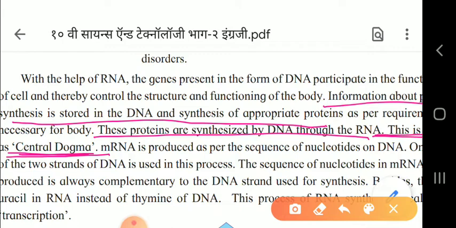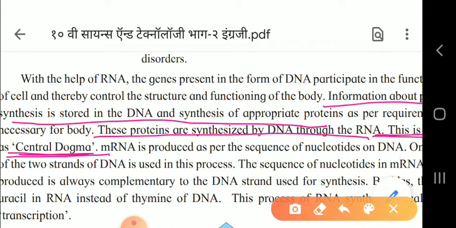Messenger RNA is produced as per the sequence of nucleotides on the DNA. You might have studied that DNA has a two-stranded spiral ladder shape, and in between the strands are the nucleotides. Now the sequence of nucleotides in the messenger RNA being produced is always complementary to the DNA strand.